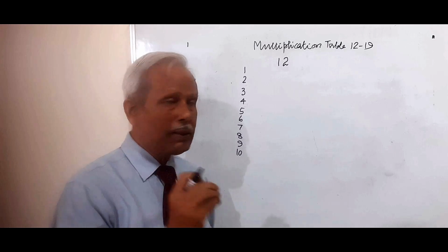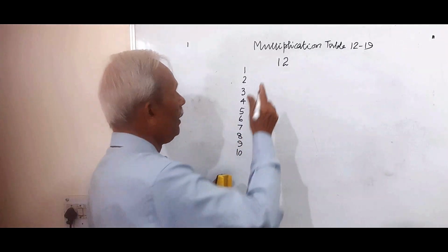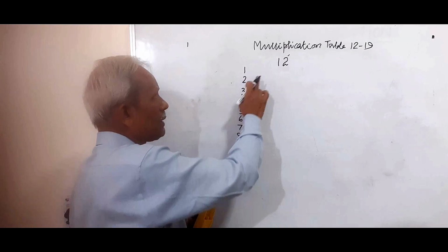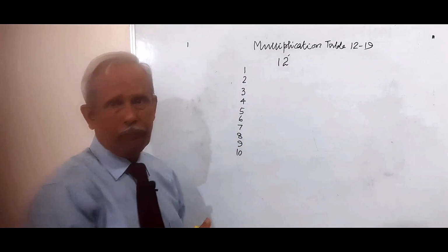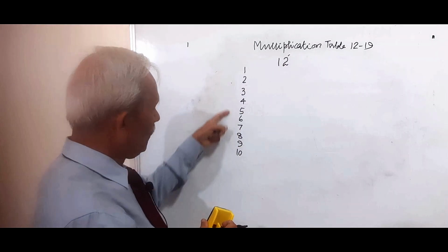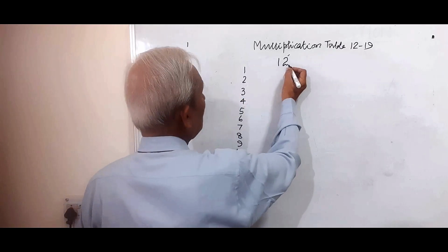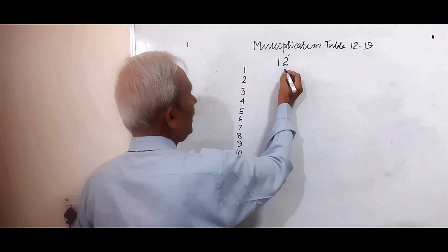Now we want to find out the multiplication table of 12, so we have to write the successive multiples of 2 in the right column. Here you have written the numbers 1 to 10 in the left column, and here you will write the successive multiples of 2 in the right column.